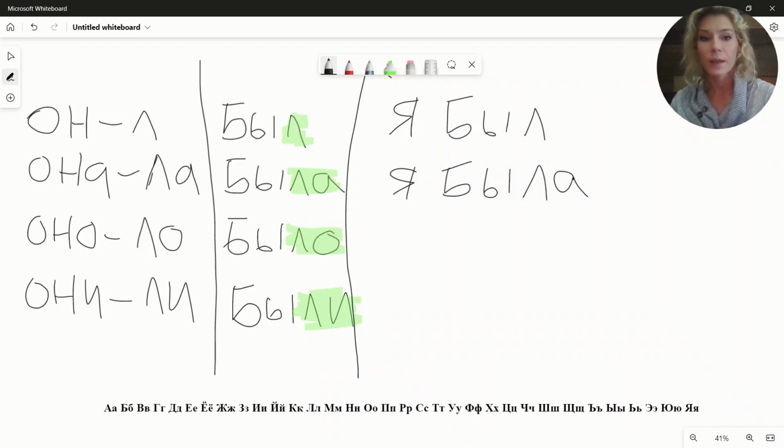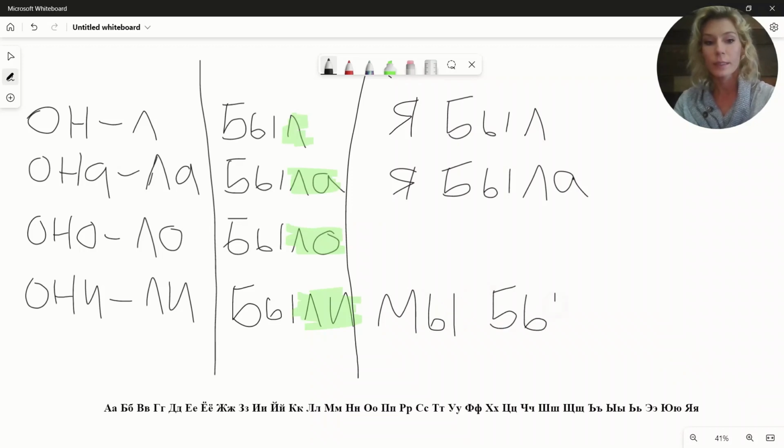Я была. And then we also have они, they were, были. If we were saying we were, we'll also use this plural ending. And that is мы, we, мы были. Like this.